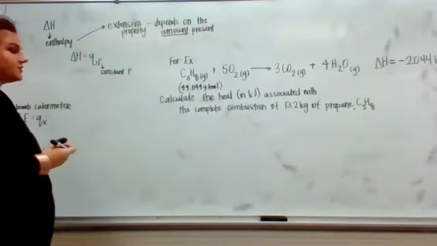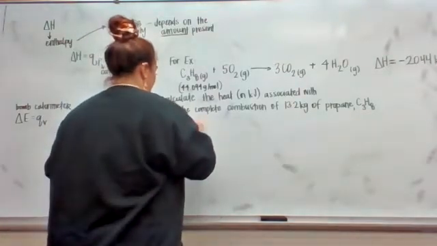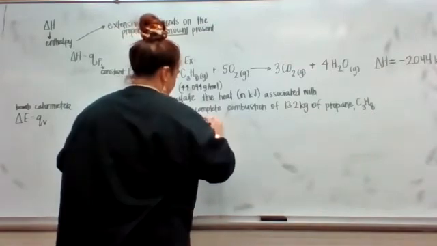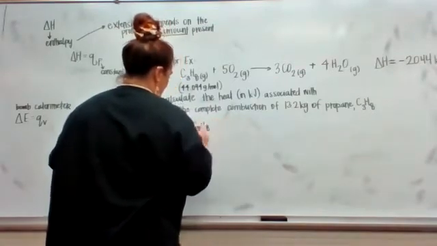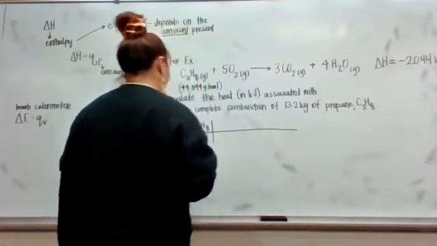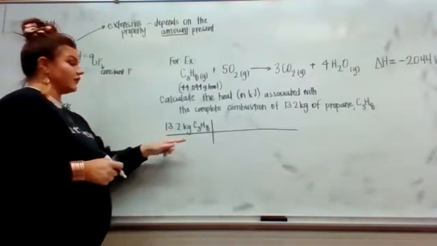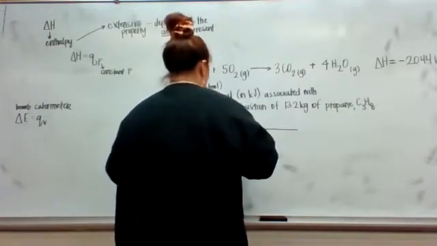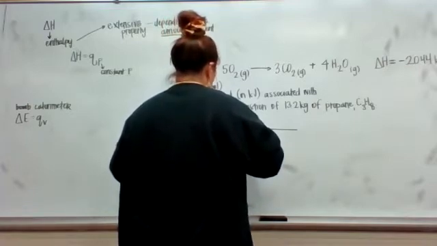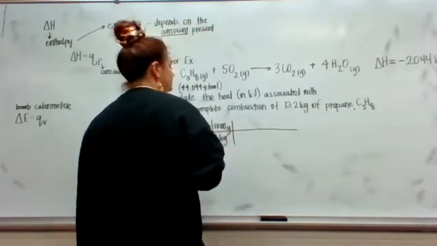All right, so let's start. We're going to start with our 13.2 kilograms. My molar mass is in grams, so I'm going to go ahead and convert kilograms to grams here. You could have done it before you started, whatever you prefer.